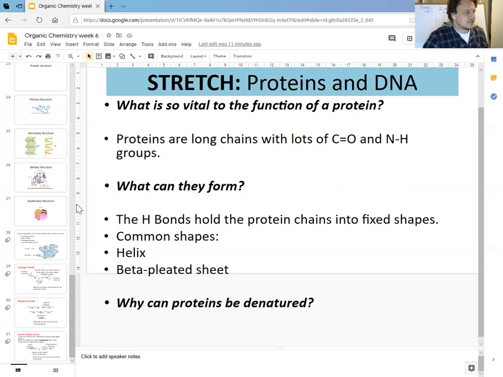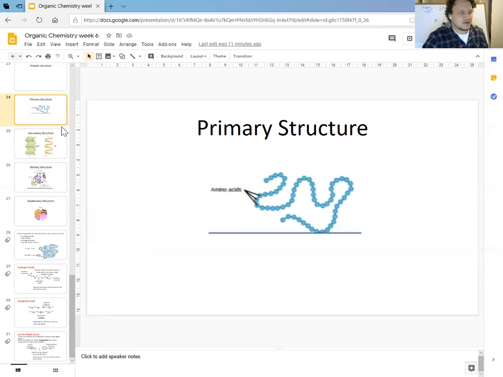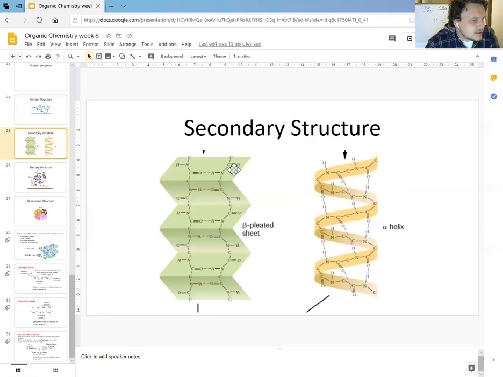I'm going to go a little bit into biochem now, just to try and conceptualize this. So primary structure is just the chain of amino acids. So letters and numbers, it doesn't mean much. Secondary structure, you get these bonds forming, hydrogen bonds that hold this all together. Hydrogen here, hydrogen here, hydrogen bonding here.